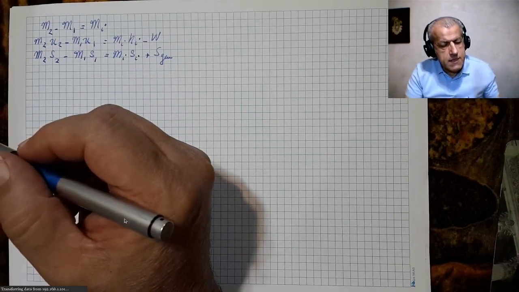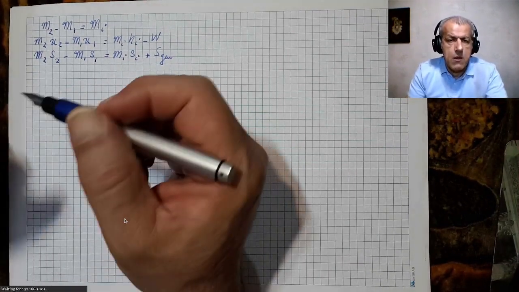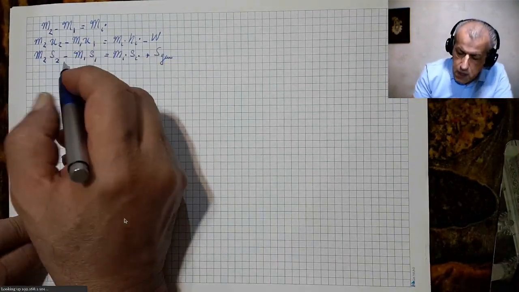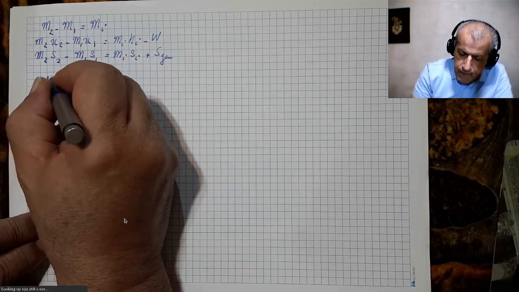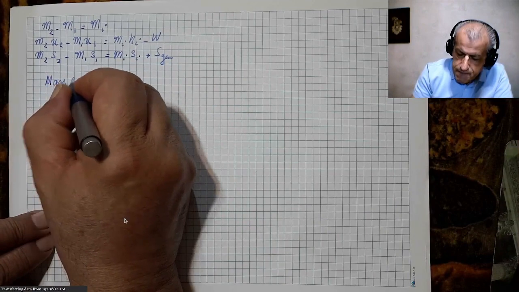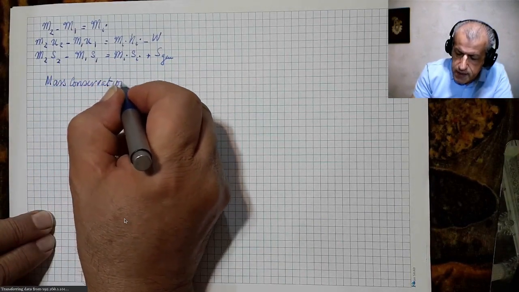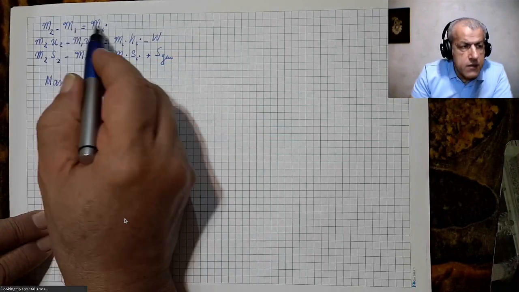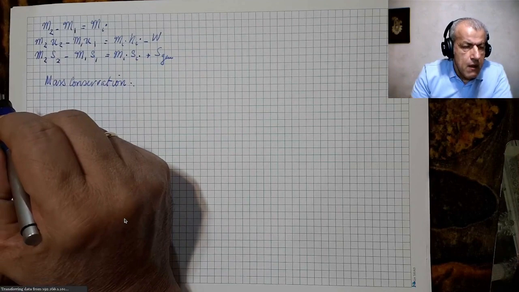Now, let's go through these equations one by one, and we start with the mass conservation equation. Let's see what we can do with this first equation.